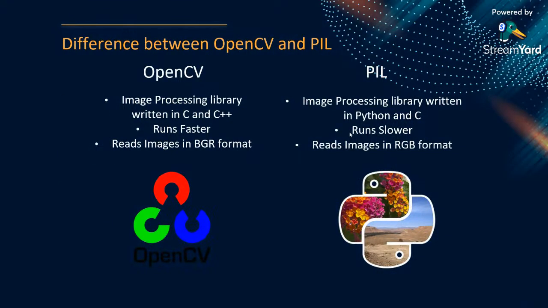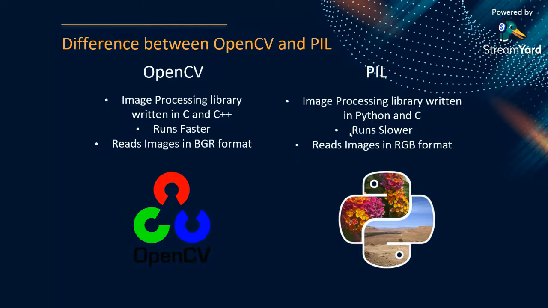OpenCV has some competitors when it comes to Python. There are two main libraries in Python. One is OpenCV and one is PIL, or Python Image Library. There are some subtle differences between these two libraries. The first one, OpenCV, is a library written in C and C++, whereas Python PIL is written in Python and C. Due to it being written in C and C++, OpenCV tends to run faster than PIL.